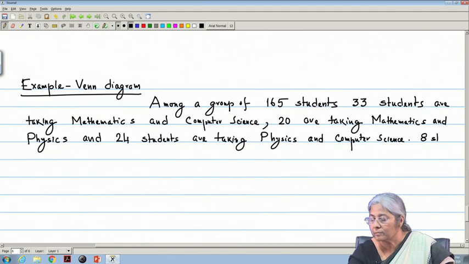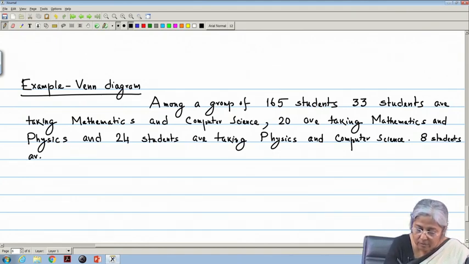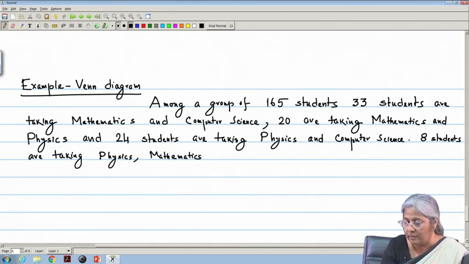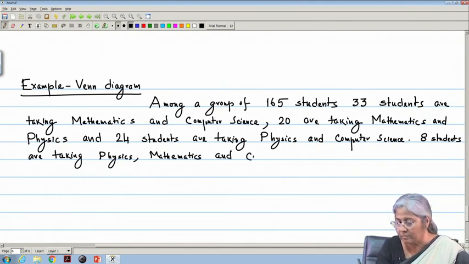Eight students are taking all three subjects, okay, physics, mathematics and computer science.